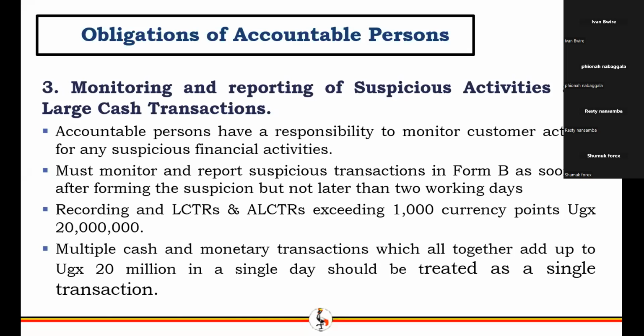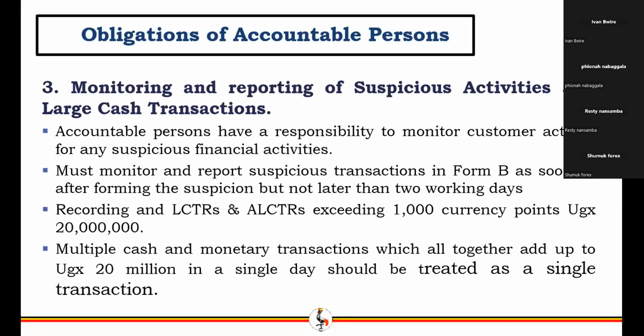So that's what we mean by any inconsistencies with regard to your knowledge of a client, where you know your client has been transacting in this range or in these amounts, and there's a substantial, or even if it's not substantial, a huge difference in the change of the transactions in which your client is transacting.